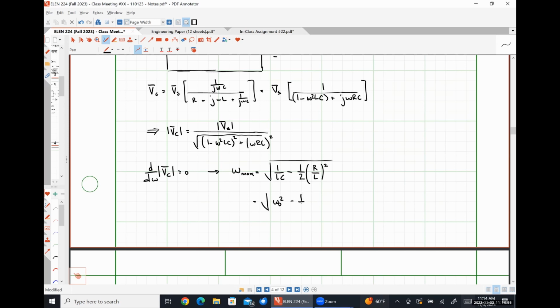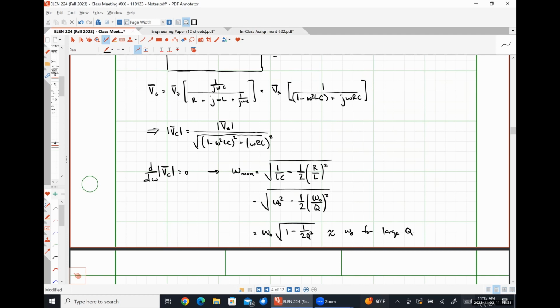And then we have 1/2 times omega naught over Q quantity squared. Factoring out omega naught, this is going to look like omega naught times the square root of 1 minus 1 over 2Q squared, which is approximately omega naught for large values of Q.